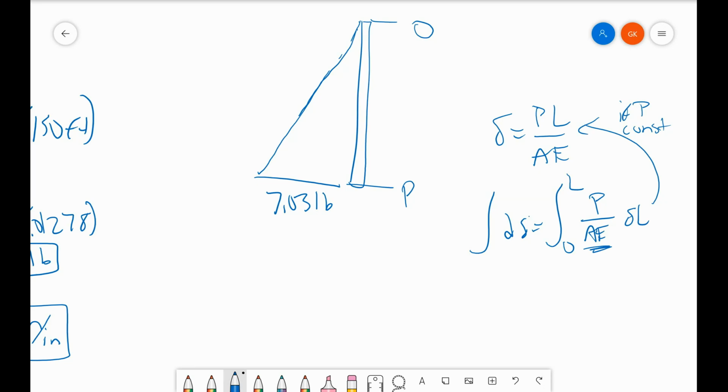And so instead of doing an integral, what I realized is that P is going to be the area of this curve. That's what an integral is, an area under a curve.